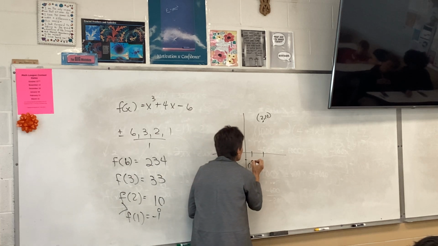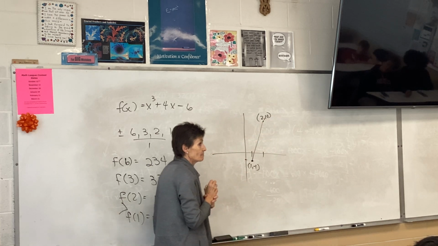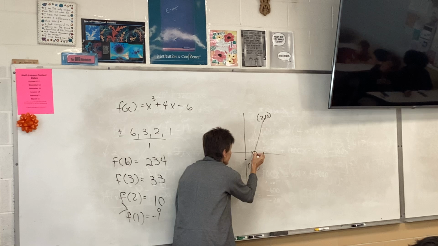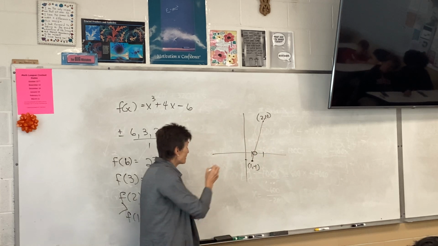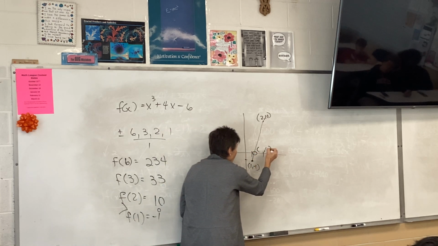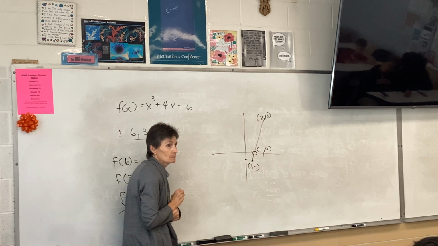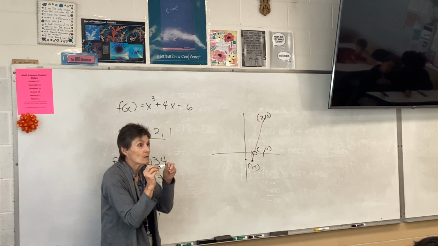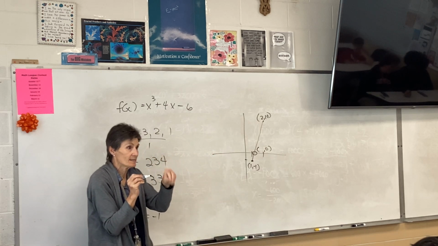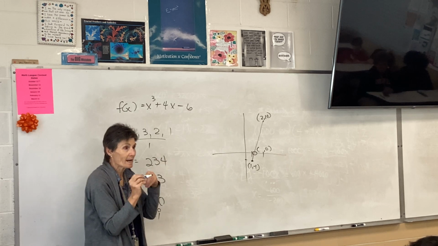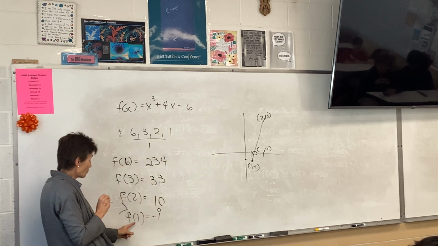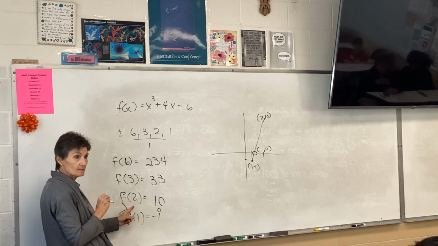But what happens when I connect those 2 dots? Isn't there going to be a 0 in there? Isn't that point right there 0? Yep. So between what 2 x's will the y have to be 0? Between 1 and 2.